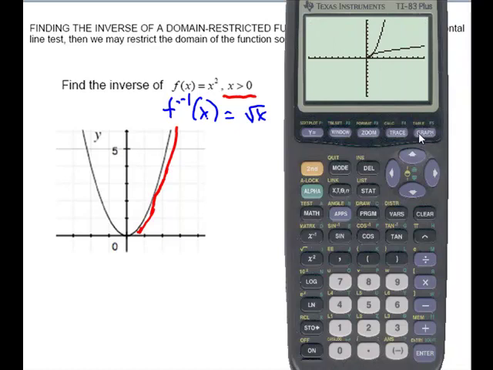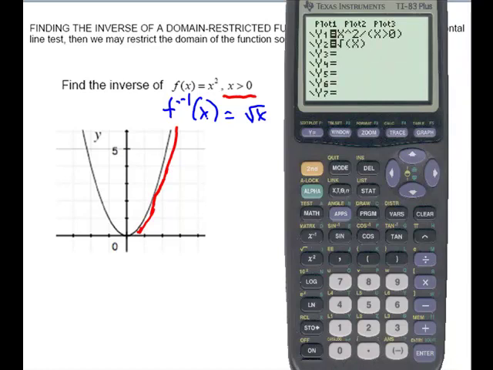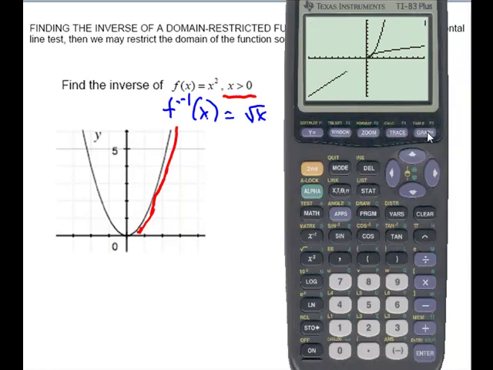And now I'm going to put the line y equals x in there so you can see that it flips across. So you have a mirror image across that line. Now let's have a quick look at the table.